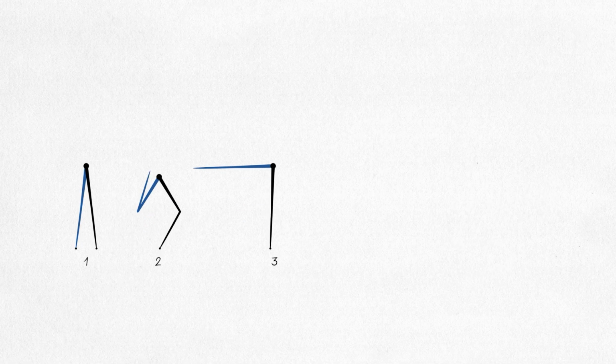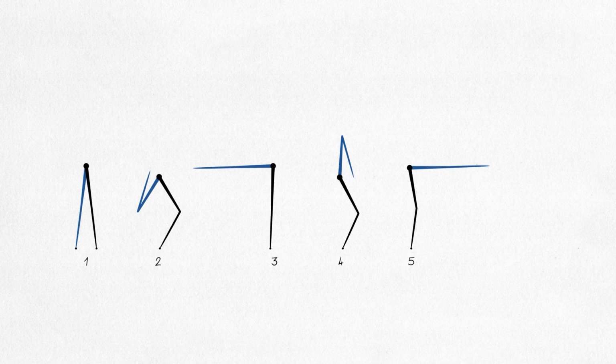Obviously, when animating a walk or a run cycle, we do not start by drawing paths or tangents, but by imagining the main poses from which we derive the connecting paths.